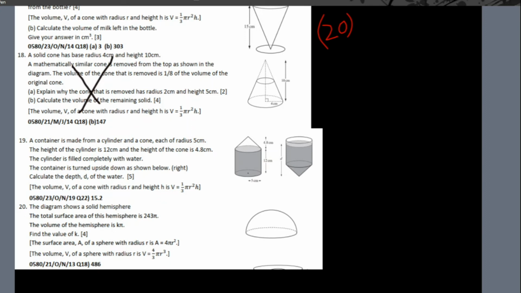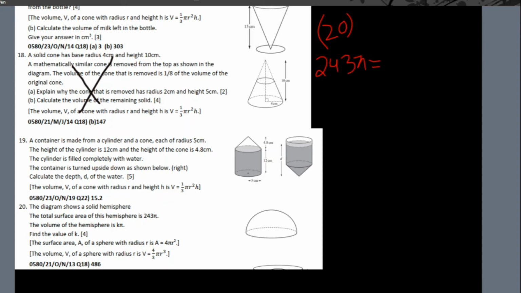we are told that the total surface area of this hemisphere is 243 pi. So the total surface area includes the area of this circle plus the area of the upper region of the hemisphere. So 243 pi will be equal to the area of the circle.